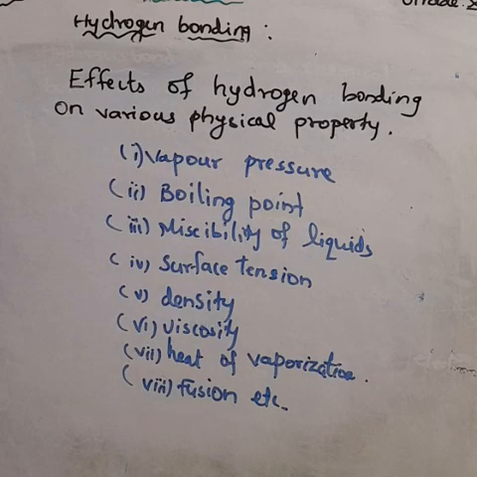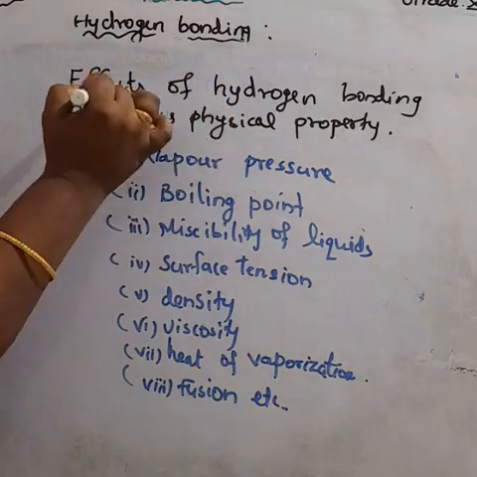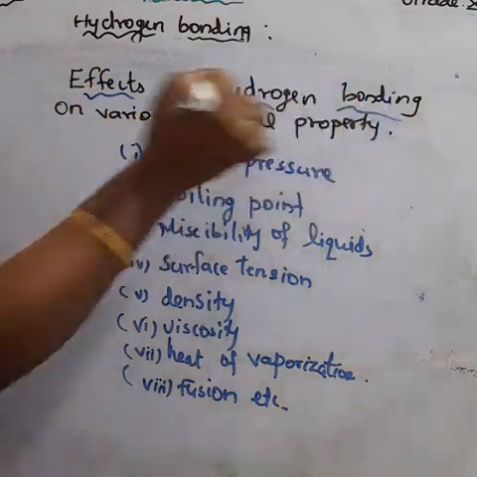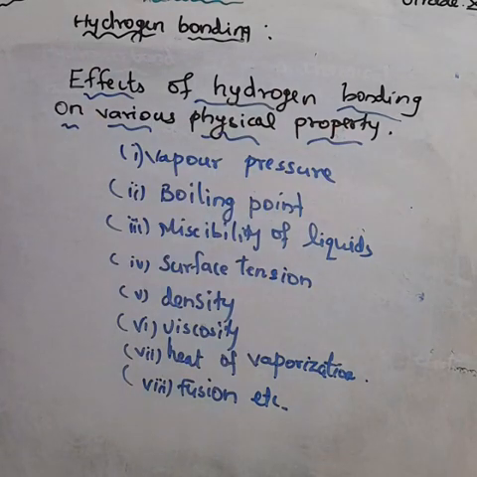And then we are going to study what the effects of hydrogen bond are on various physical properties. The hydrogen bond causes various physical properties of a molecule. What are the physical properties?